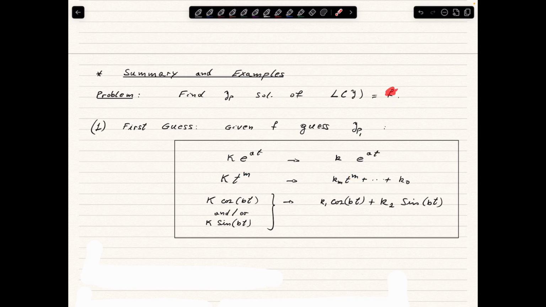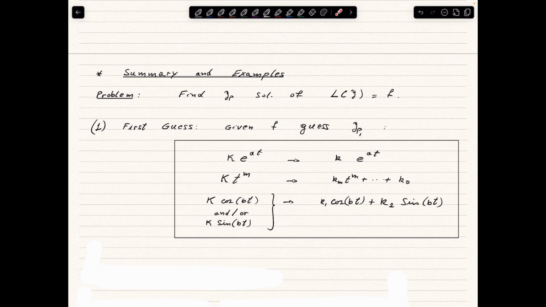So if here we have a 7t squared, this here should be some coefficient k2 t squared plus some coefficient k1 times t plus some coefficient k0, starting with the same power. If here we have power 7, then we need 7 terms here, all the way up to 0.